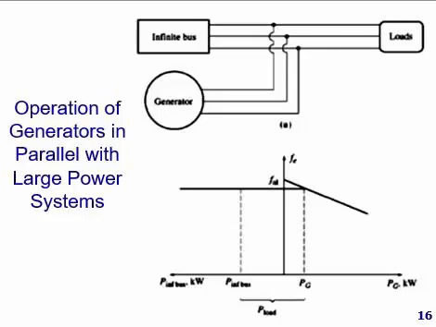Assume that the generator has just been paralleled with the infinite bus according to the procedure described previously. Then the generator will be essentially floating on the line, supplying a small amount of real power and little or no reactive power.